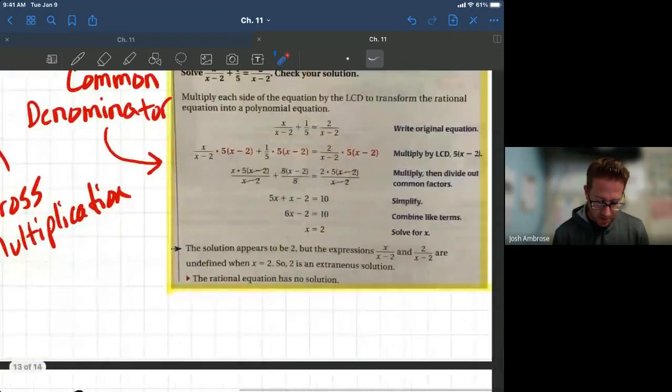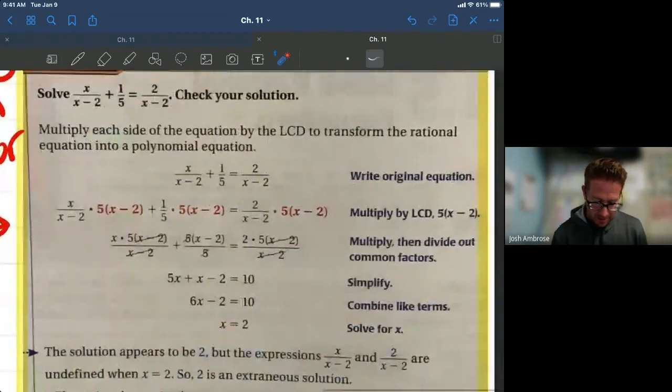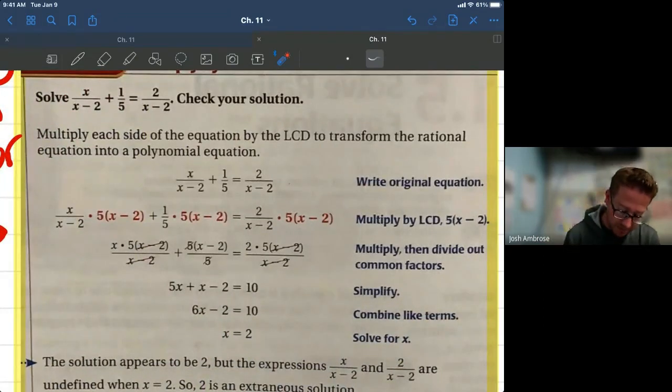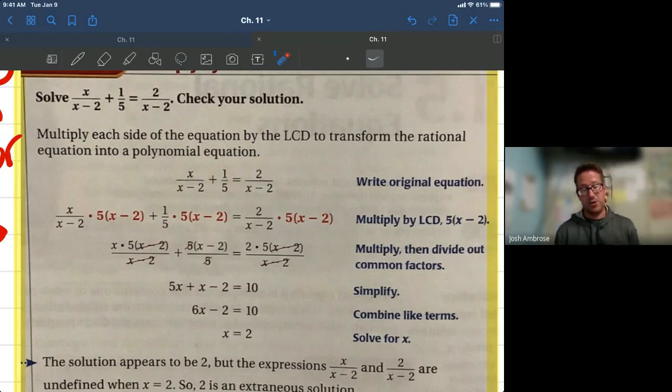All right, what if we have an added piece, and these denominators don't match up? By an added piece, I mean notice we have a fraction, then plus, then another fraction, then our equal sign, and a third fraction. When you're looking at three fractions, you cannot simply cross multiply. That does not work.